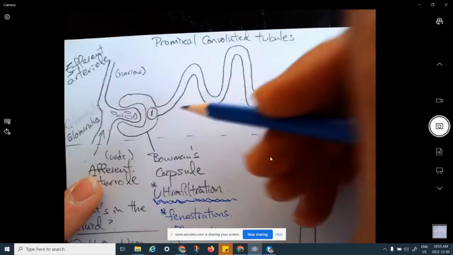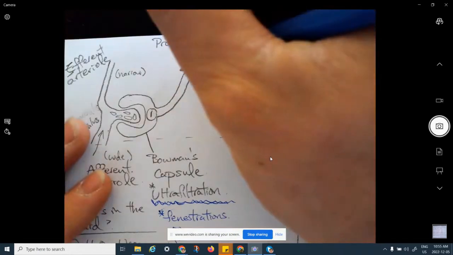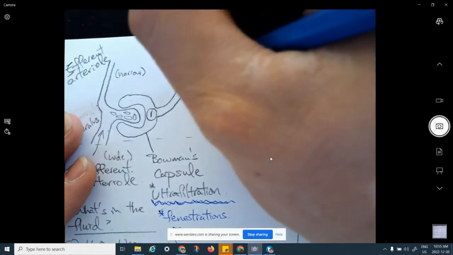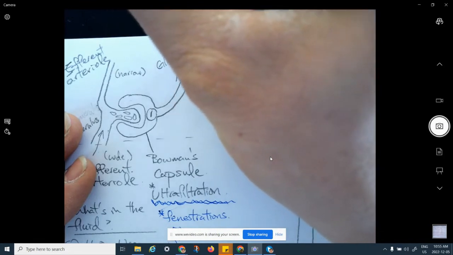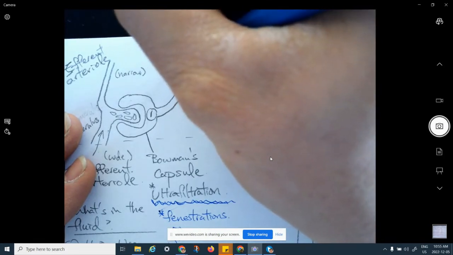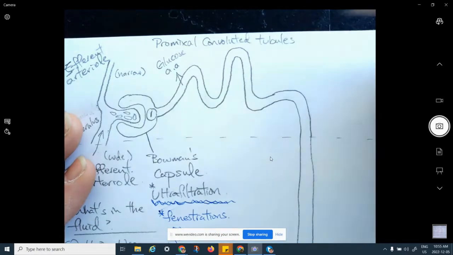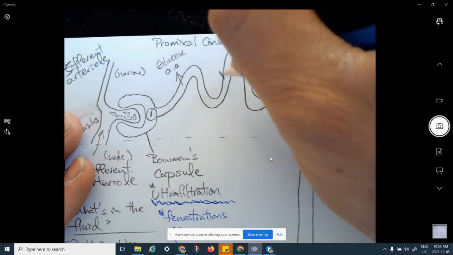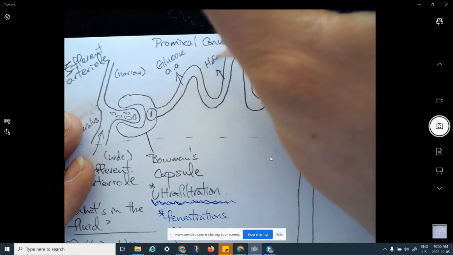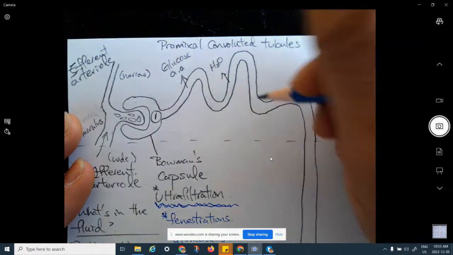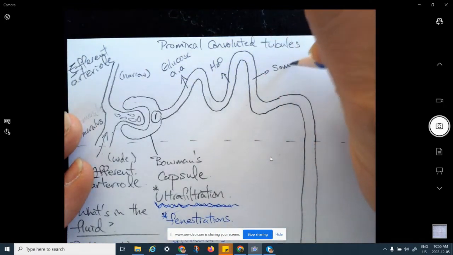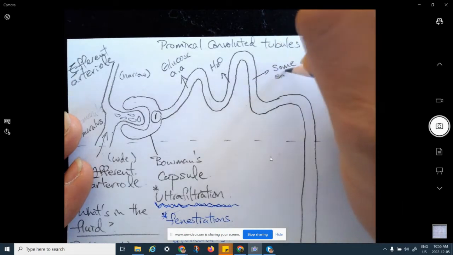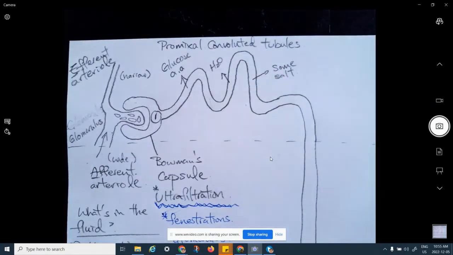So what happens is that at this point here, your glucose and amino acids are going to leave. Also, some water will be reabsorbed, and also some salts are going to get reabsorbed.